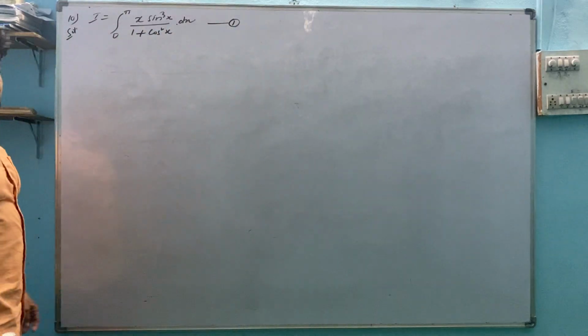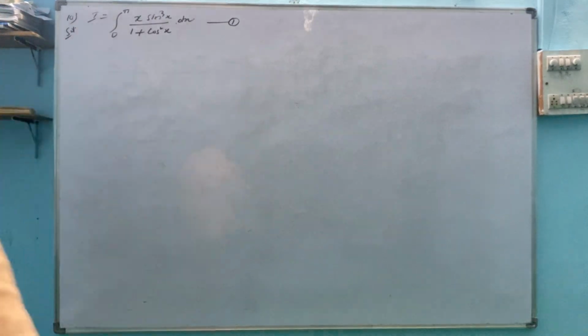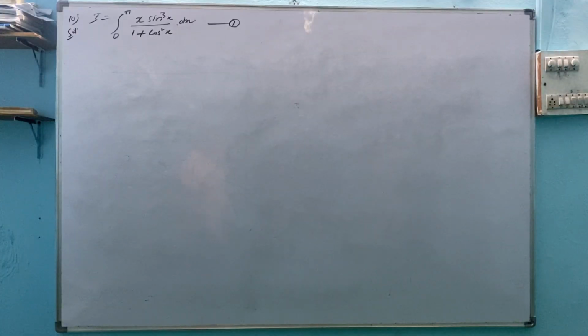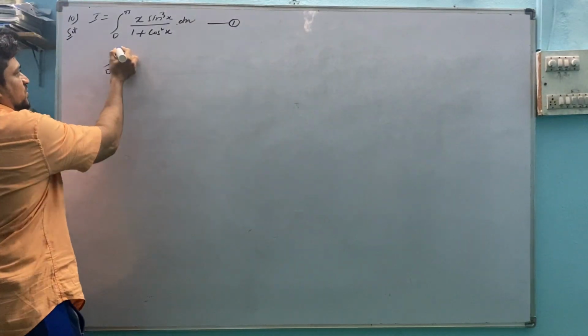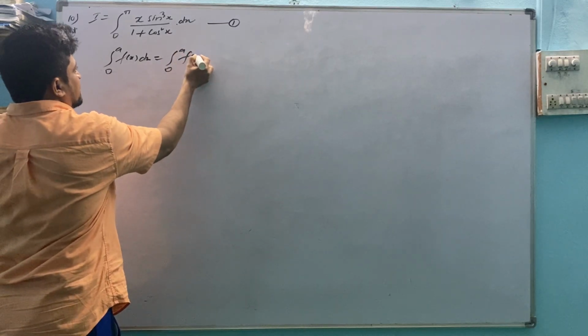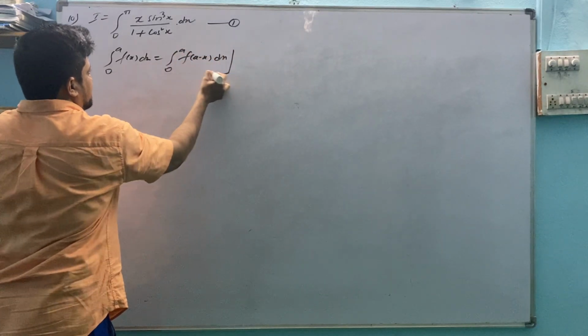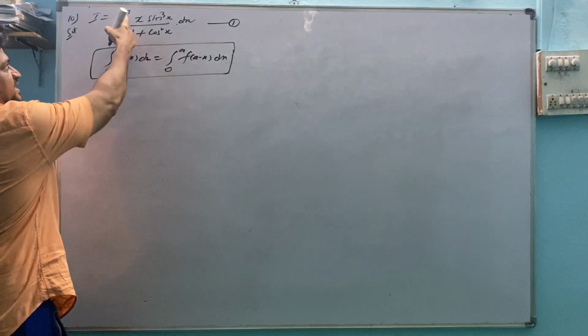This is equation 1. So what do we have? Same property, 0 to a f of x equals 0 to a f of a minus x dx. Means what? Wherever x is there, we'll take a minus x. A is pi.